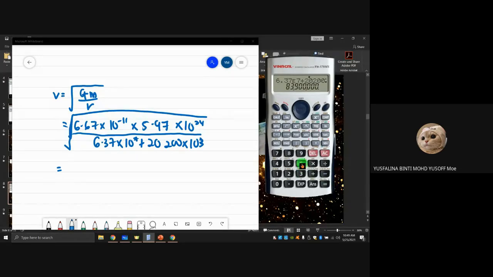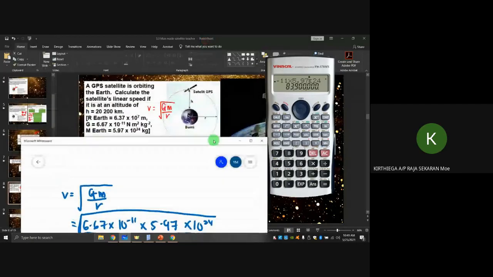Okay, and 6.67 exponent negative 11 times 5.97 exponent 24. Teacher, isn't that 6.67 times 10 power negative 11? Which one? No, I mean the G value.